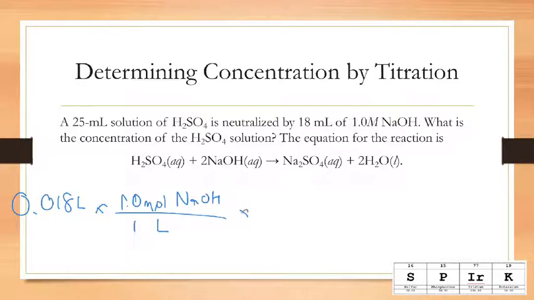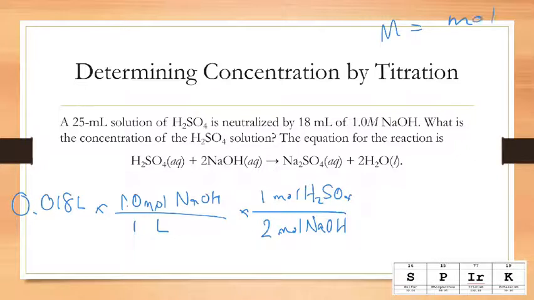So now that we're at moles of NaOH, we can use our balanced equation to go to moles of H2SO4. So we have 2 moles of NaOH for every 1 mole of H2SO4. Remember, they're asking us for the concentration of H2SO4, and concentration, or molarity, is moles per liter. So we have moles of H2SO4 on top. Everything else is canceled. Now we just want to divide by how much H2SO4 we have.